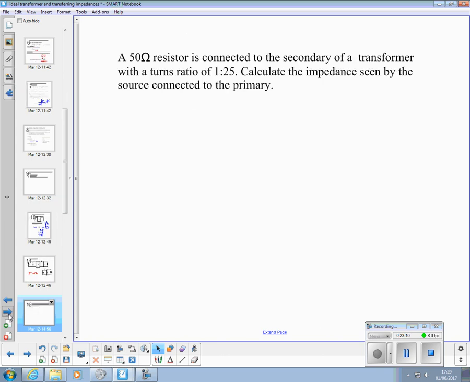So then there's an example: a 50 ohm resistor connected to the secondary of a transformer with the turns ratio of 1 to 25. Calculate the impedance seen by the source connected to the primary. Did you do that one? Here A is 1 over 25, which is 0.04.